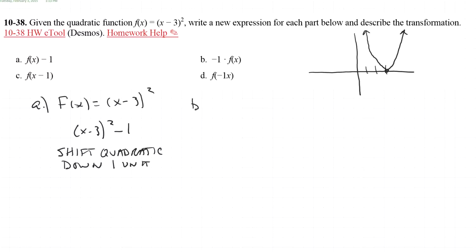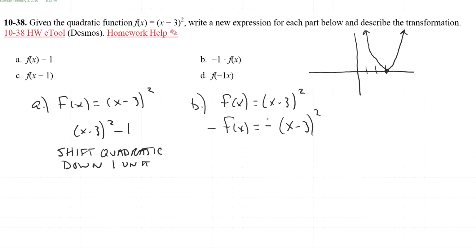Okay. Now B, we're taking f of x and we're multiplying it by -1. So if I know that f of x equals (x minus 3) squared, and I subtract f of x or make it negative, then this is going to be negative (x minus 3) squared. So now with the negative out front, what is that going to do to the graph?